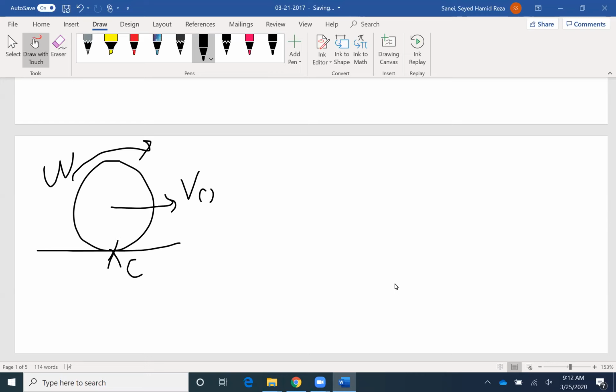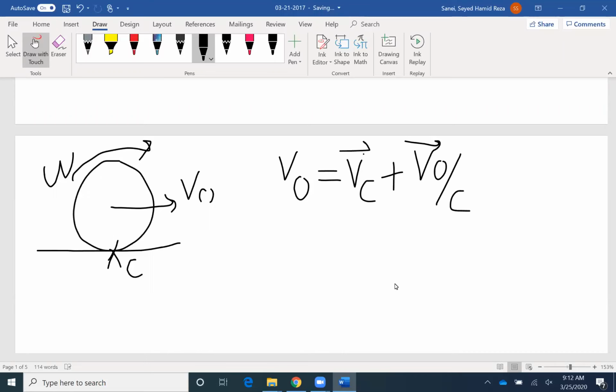We call this point of contact C. So if you want to find VO, it would be VC plus the relative velocity of VO with respect to C. What is the velocity at the point of contact? What is VC? VC is 0. If we have rolling, if there is no relative velocity between the ground and our disk, then at the point of contact, the velocity is 0.